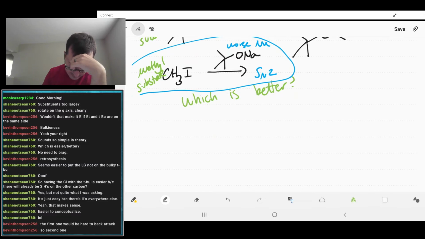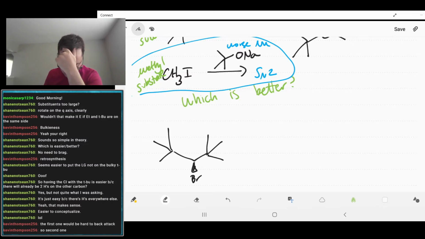It's the same thing with the craziness. Do you remember this t-butyl whatever bromide we had? You could potentially SN2 this, or you could E1 it. Or see, if we try to do SN2 conditions with this, you could make it work.